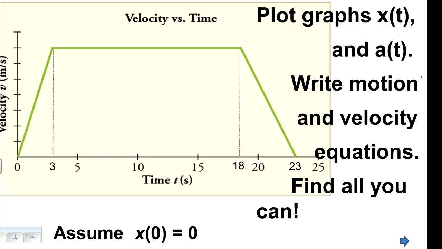The graph tells us. So please, what do you think? If it starts moving from the origin, according to this graph, for the first couple of seconds, how does it move? To the right or to the left? Right. You're right, it's to the right.